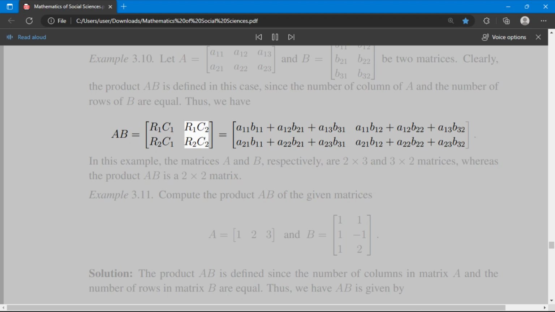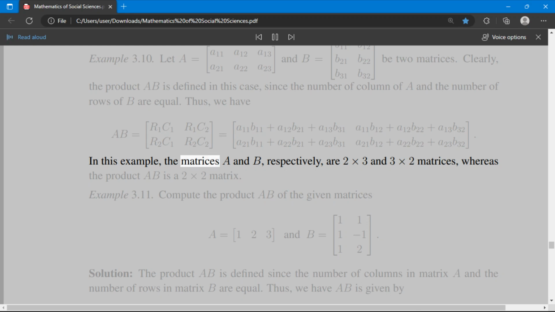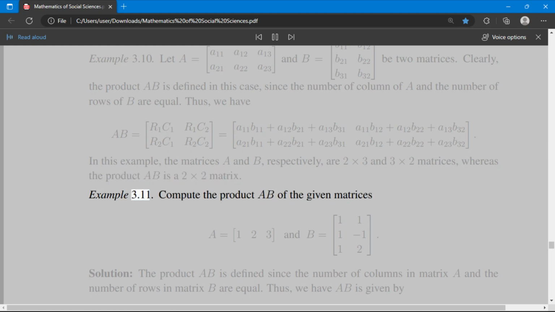Thus, we have AB = [R1C1, R1C2; R2C1, R2C2] = [a11b11 + a12b21 + a13b31, a11b12 + a12b22 + a13b32; a21b11 + a22b21 + a23b31, a21b12 + a22b22 + a23b32]. In this example, the matrices A and B, respectively, are 2 times 3 and 3 times 2 matrices, whereas the product AB is a 2 times 2 matrix.